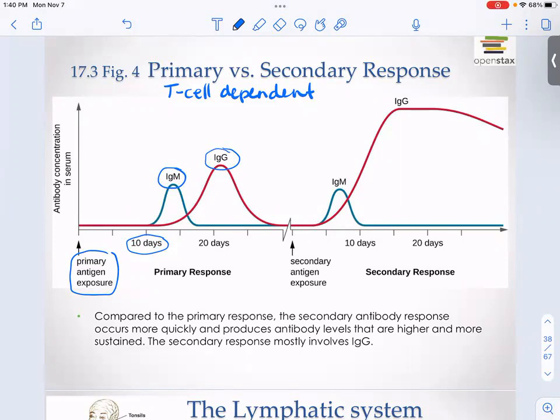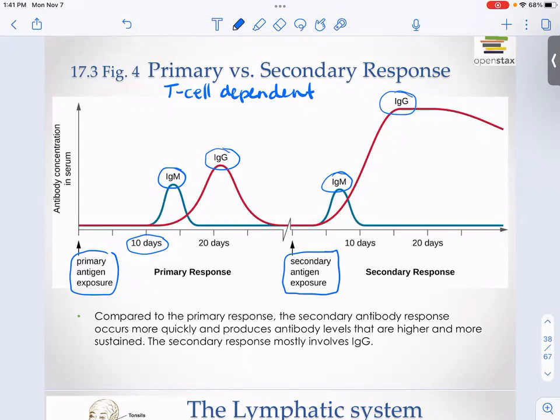And then at some later date, if the host encounters the same antigen, you get that IgM production from those memory cells, according to this timeline, in about half the amount of time. So maybe 5 days, but even more importantly, you get class switching sooner and a much larger amount of antibody the second time.